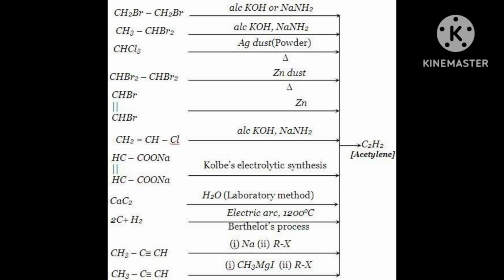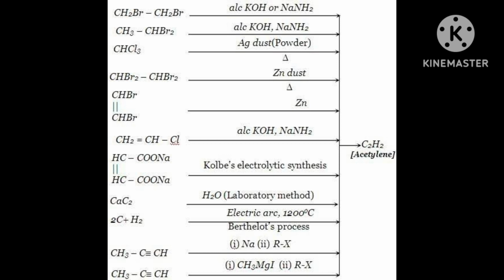These reactions are not shown by alkenes and alkanes. A question is asked on this. Whatever I am telling you, just remember or note down these things also. These reactions are very, very important for all exams.